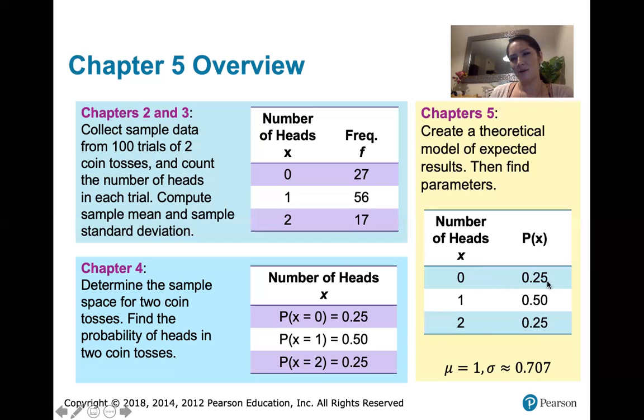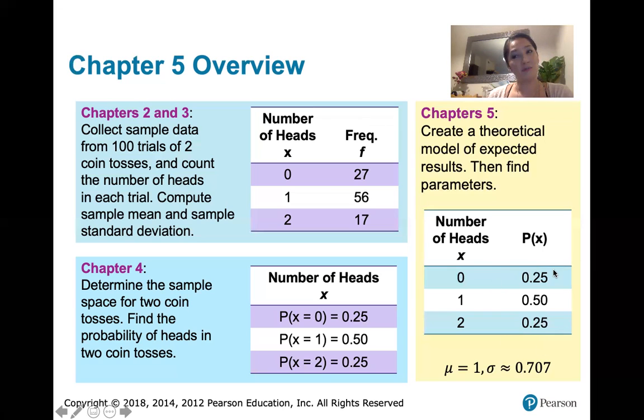Now notice though that these probabilities are theoretical and they apply to the entire population. This is not just for a particular data set, but these are the probabilities for the entire population. In chapters 2 and 3, we were looking at sample data for 100 trials. Now, when we're over here in chapter 5, rather than looking at frequencies and using the frequencies to get a sense of the distribution, we described that distribution with these probabilities.